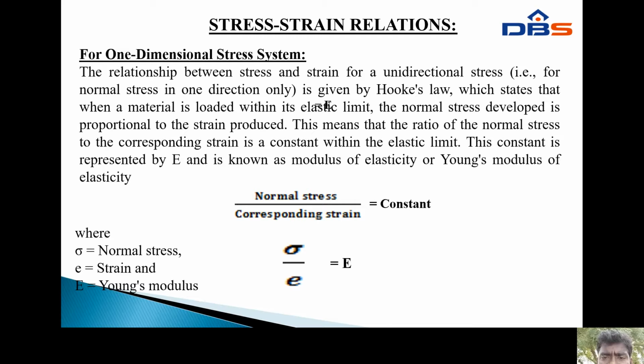This means the normal stress is directly proportional to the strain. The normal stress equals E into the corresponding strain, where sigma is the normal stress, epsilon is the strain, and E is the Young's modulus of elasticity.